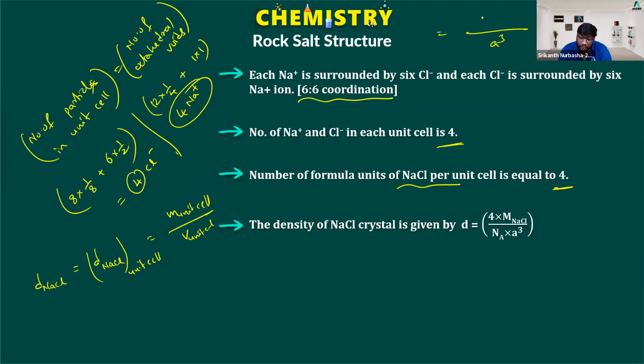The number of NaCl, 4, into the molar mass of NaCl, divided by Avogadro number, because 1 mole of NaCl has a weight equal to the molar mass. So molar mass divided by Avogadro number is nothing but the mass of 1 NaCl.